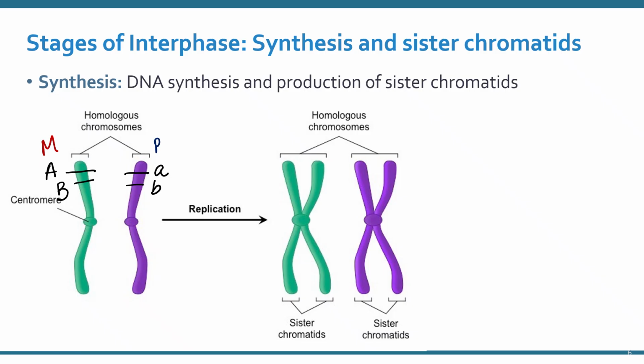So here we've got the maternal copy, identical copy, and the paternal identical copies. If we were to draw this out, identical copies, we'll just represent that by different alleles there. And then they are going to remain together.